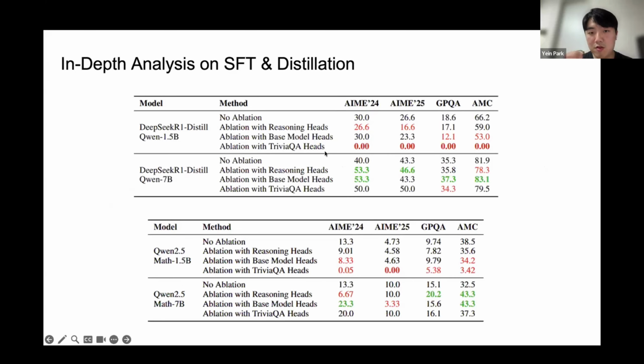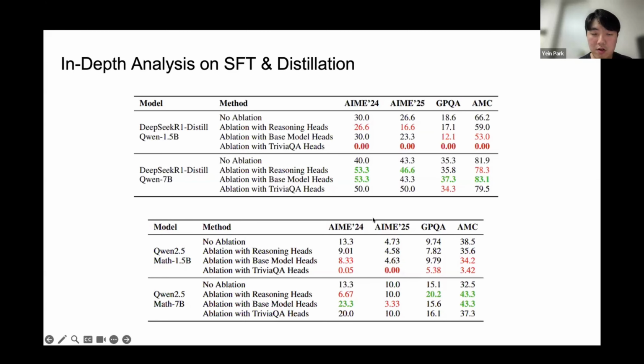Also, this TriviaQA means the circuits created using TriviaQA, and these heads are mainly correlated with basic knowledge tasks. And if we ablate those, the performance goes to almost zero.